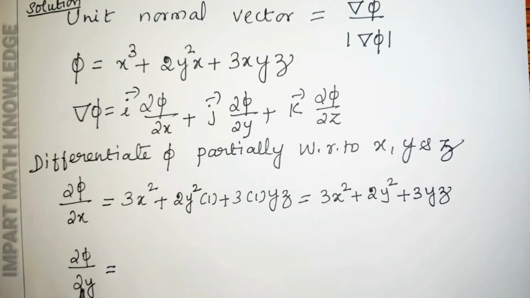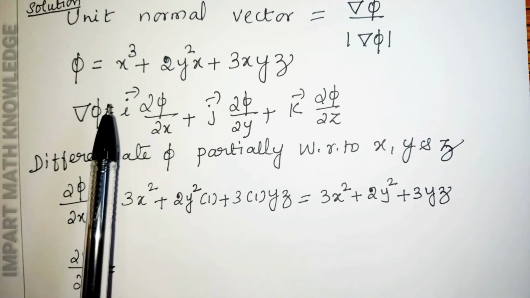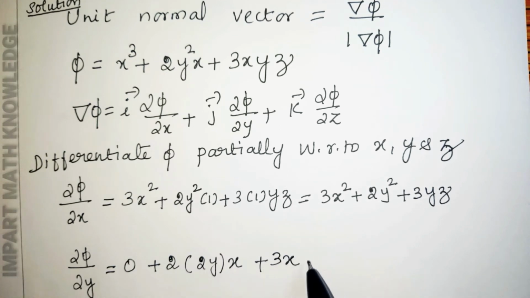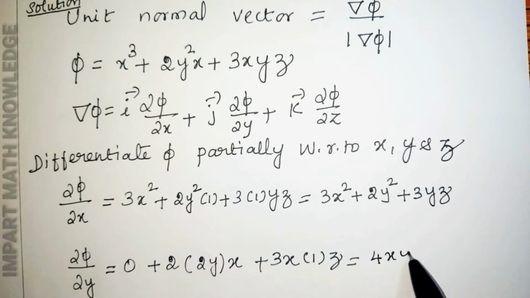Next one, dou phi by dou y. Differentiate phi partially with respect to y. First term is x cube, so 0. Second term y square is there, so 2 into differentiation of y square is 2y, and you write x as it is, plus 3x, differentiation of y is 1, z. So dou phi by dou y is 4xy plus 3xz.